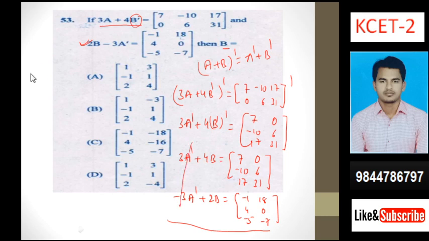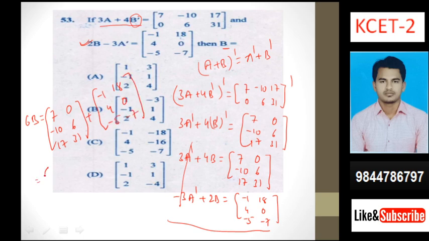4B plus 2B, that is 6B, is equal to adding these two: 7 0 minus 10 6 17 31 plus minus 1 18 4 0 minus 5 minus 7.